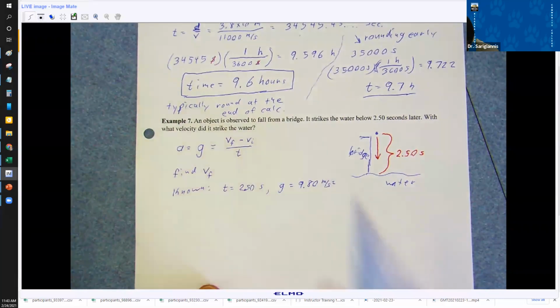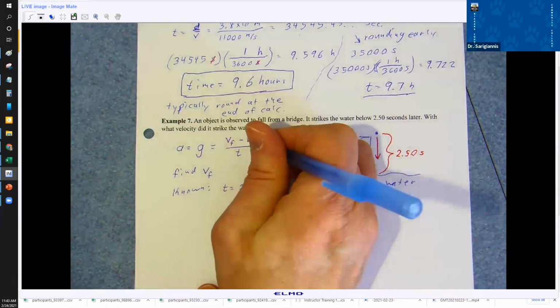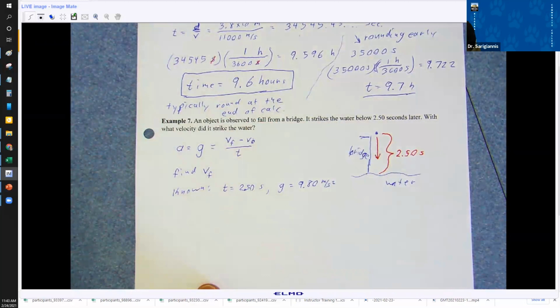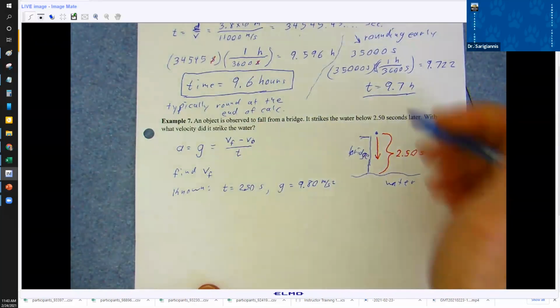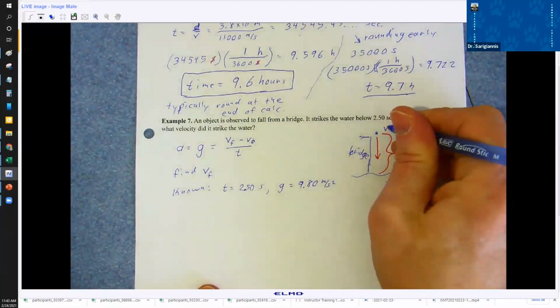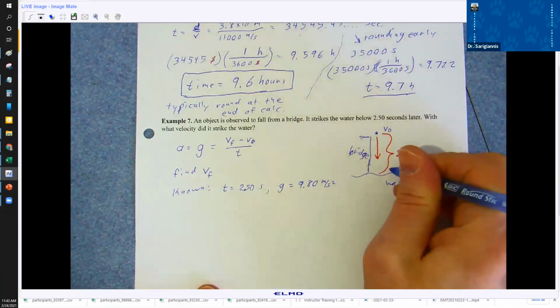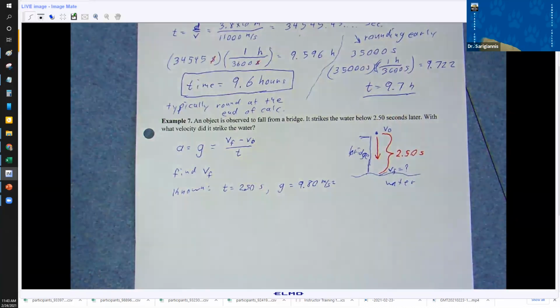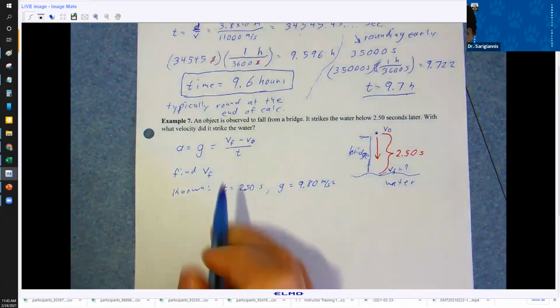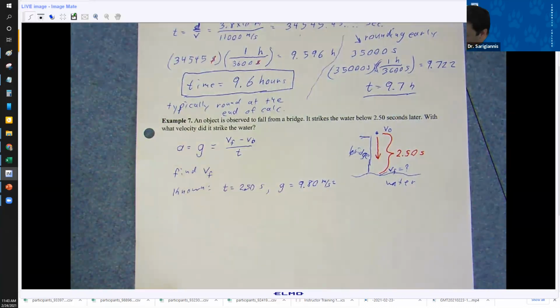We've got these two velocities. Oh, you know what? I forgot. In this class, I'm using an O. We don't know VF. Oh, V0 in this case, what do you guys think V0 is, the original velocity? 0, right?